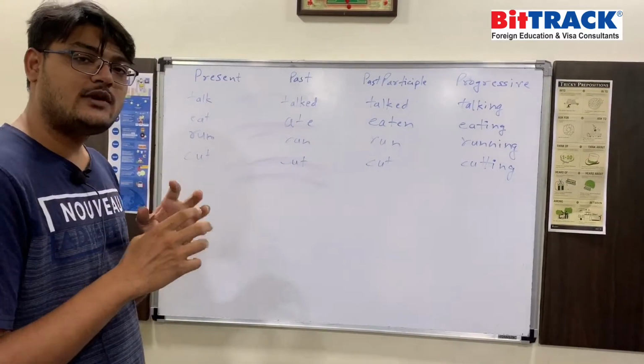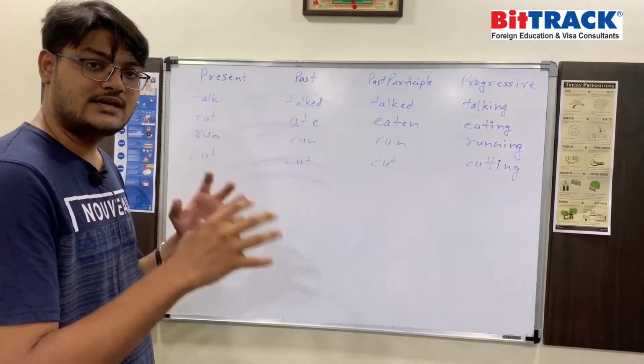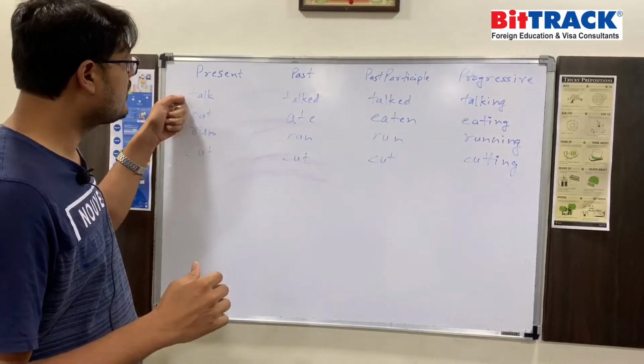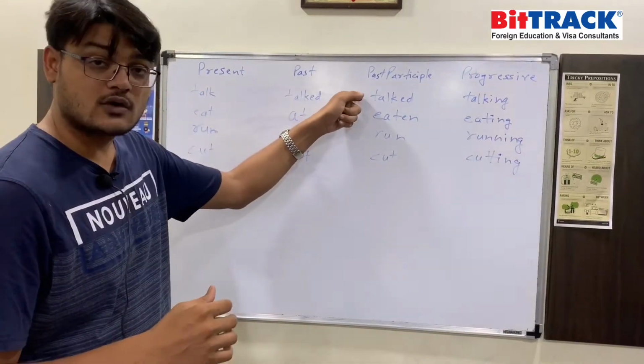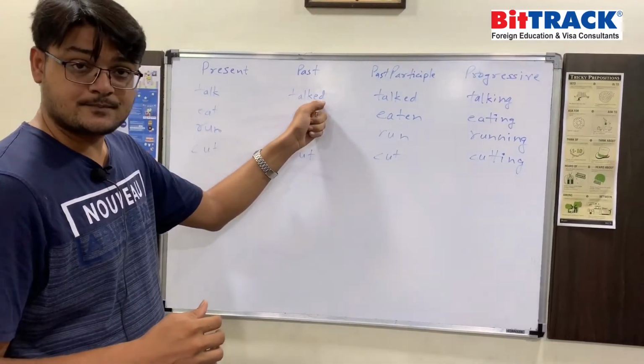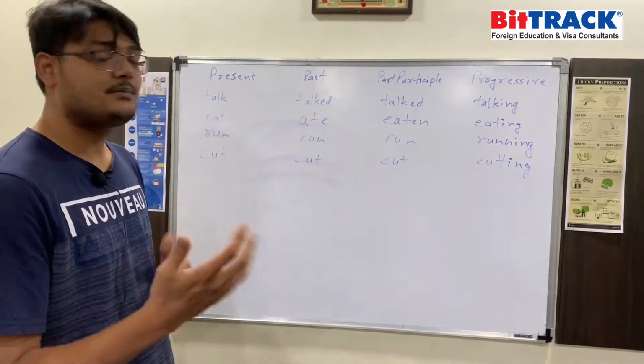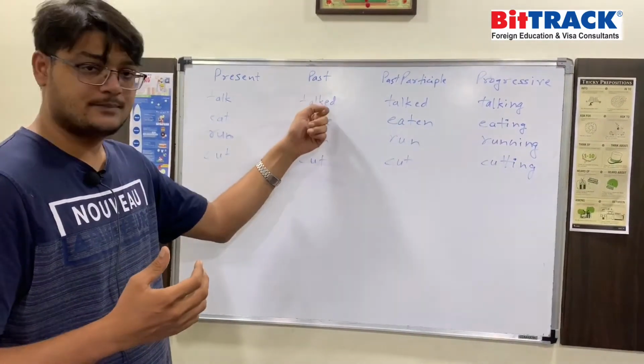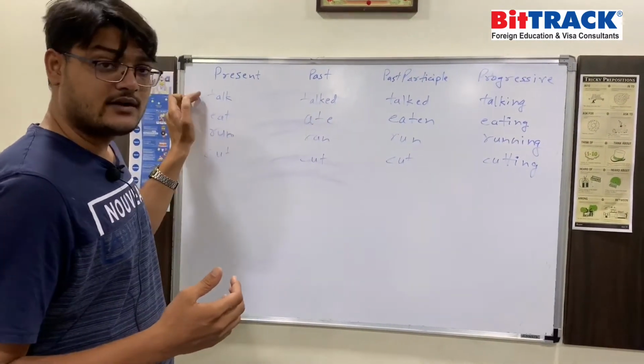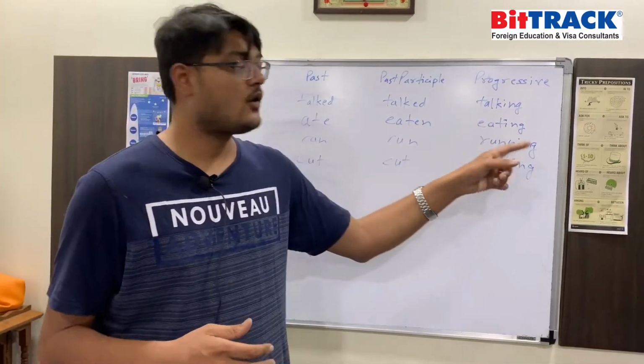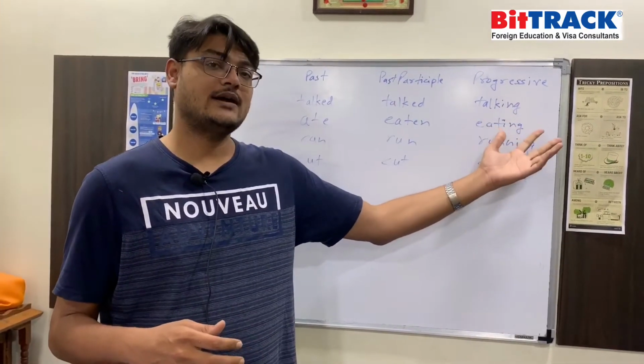The one that we are most used to, the standard change in verb form, is talk, talked, talked. Ed is fundamentally what is added in the past tense form of a verb. This is the standard form, and for ing all you need to do is just add ing at the end.